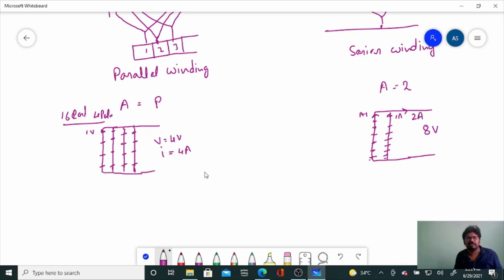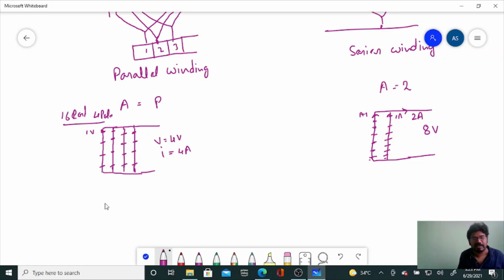So what you can see is that in lap winding, the parallel paths are equal to the number of poles. Here the current will be more and the voltage will be less, and here the voltage will be more and the current will be less.